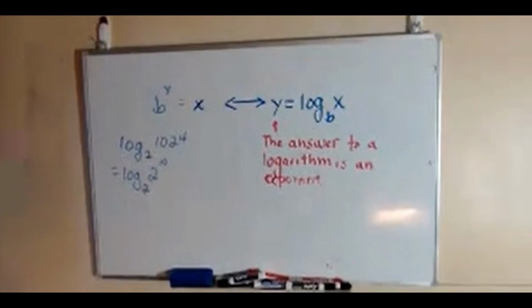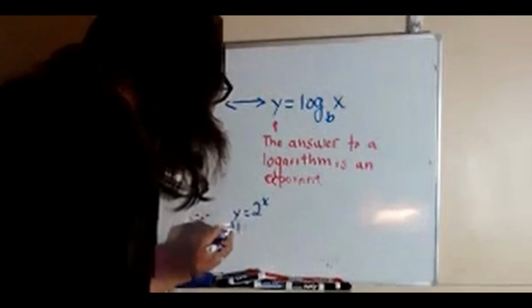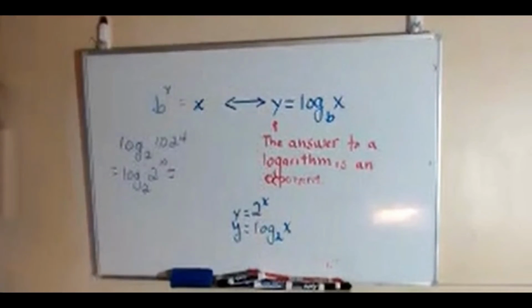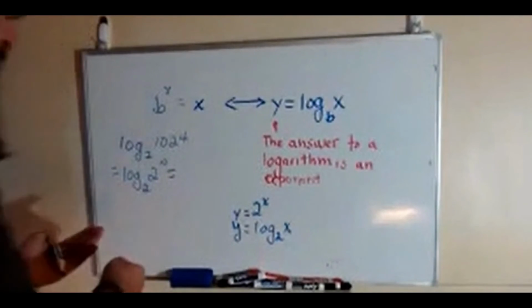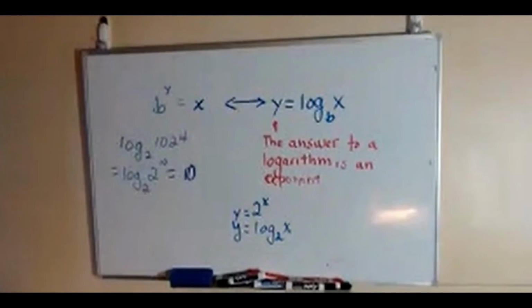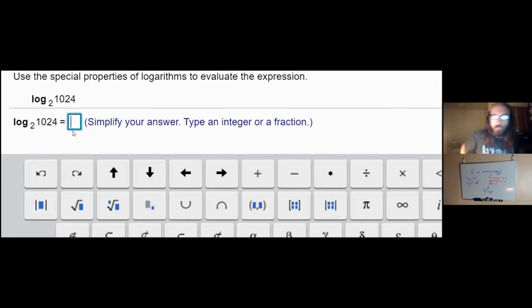And because y equals 2 to the x, and y equals log of x base 2 are inverse functions of each other, then we have a composition of two functions. They're going to undo each other. And one of the properties would just tell us that we're left with the exponent at a regular level, canceling out, giving us 10. You can go back through using the definition, but it's going to take you longer to do that.